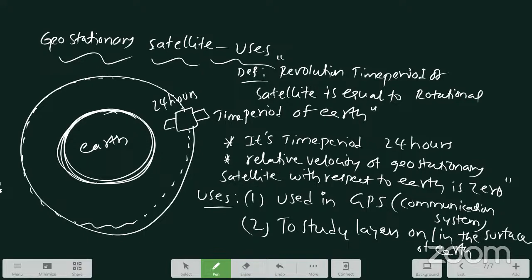One more question from this gravitation lesson is Kepler's laws of planetary motion.